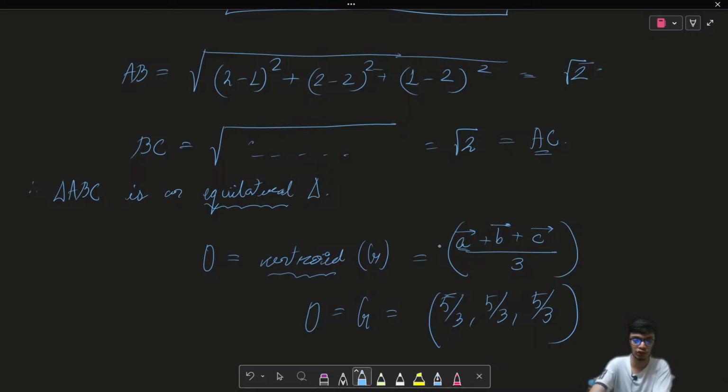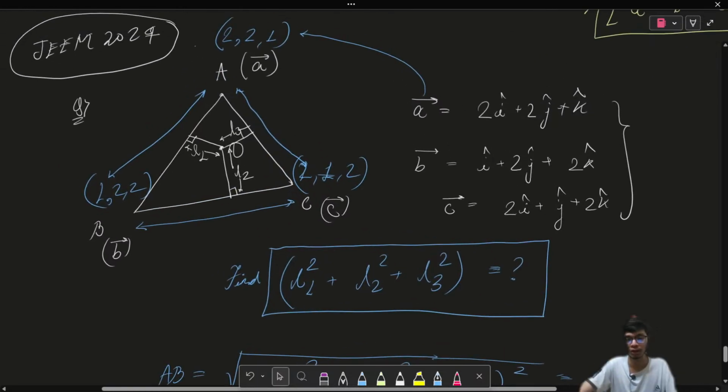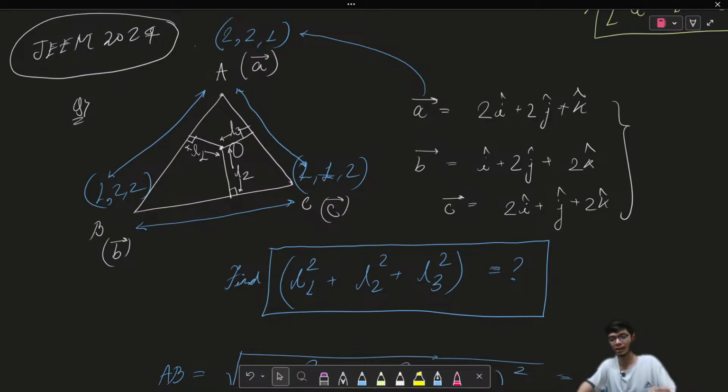So once I get the centroid, the next task is to drop a perpendicular. If you recall, since it's an equilateral triangle, the perpendicular bisector will be the same as the median.